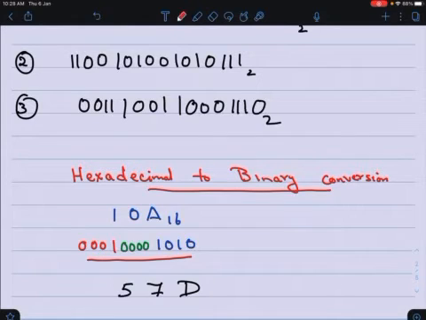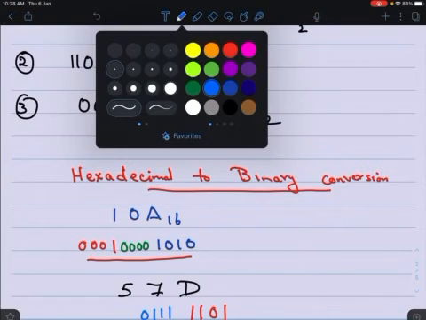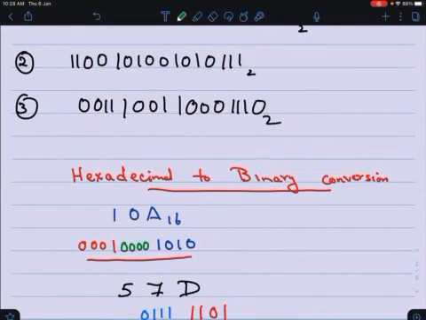So you just tell me how we can convert D. D means it is 13, right? 13 means 1, 1, 0, 1. 7, you have to write it in 4 bits. Remember, it is 0, 1, 1, 1. And again 5 is 0, 1, 0, 1. So this is my equivalent binary number.